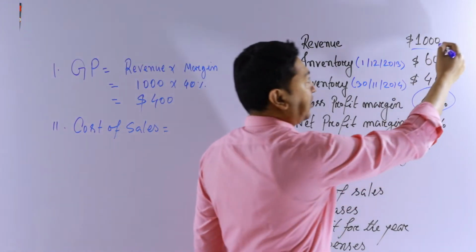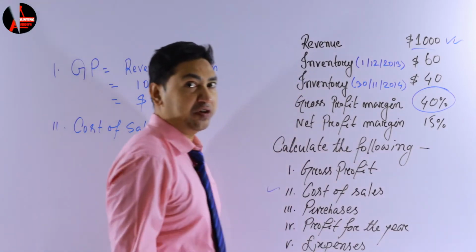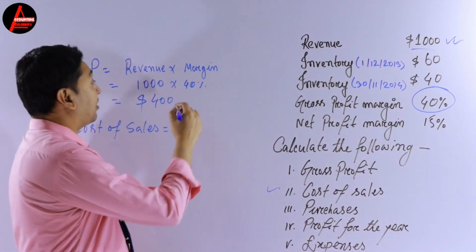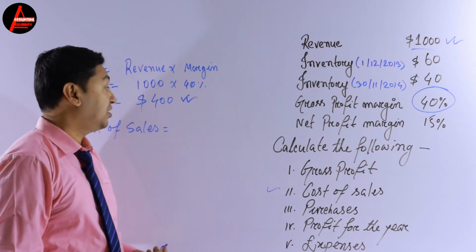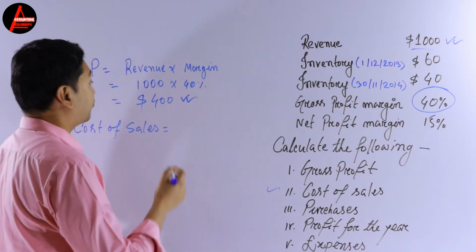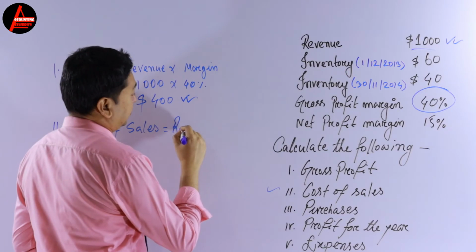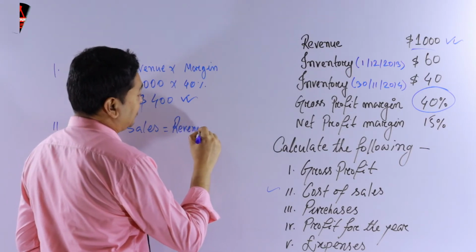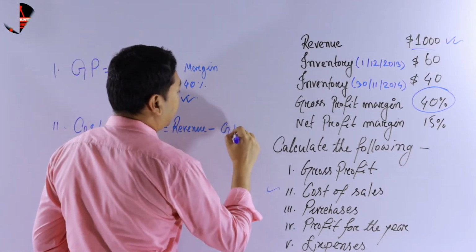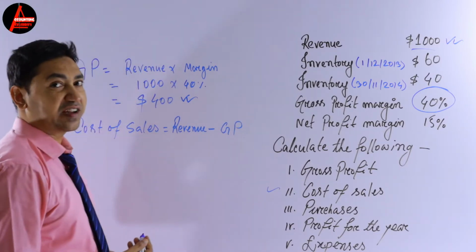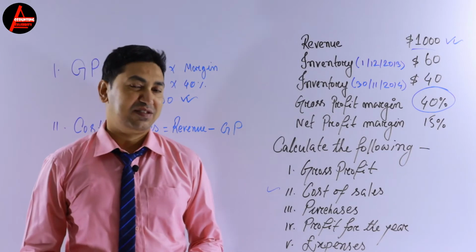In the question already we have sales revenue. So we calculated here gross profit. So now if we subtract our gross profit from revenue, we can calculate our cost of sales.